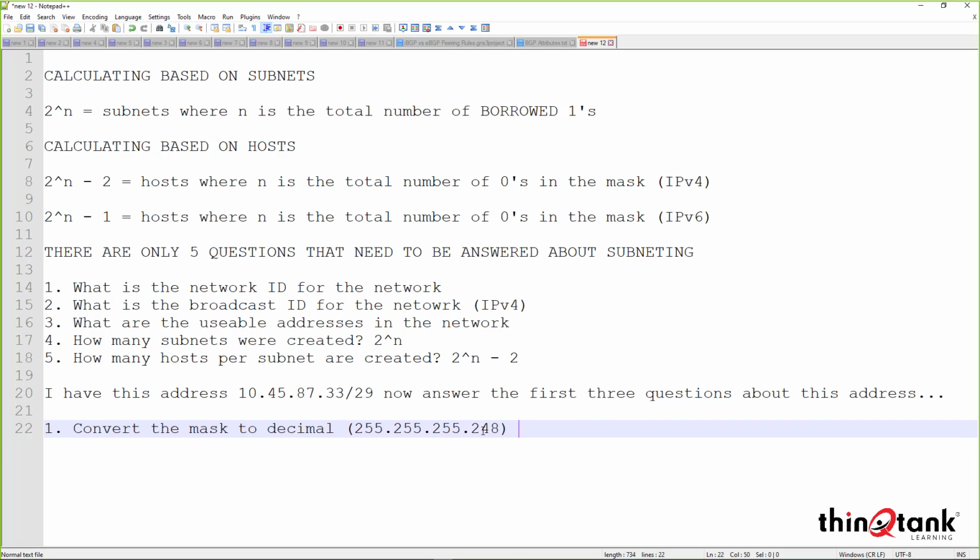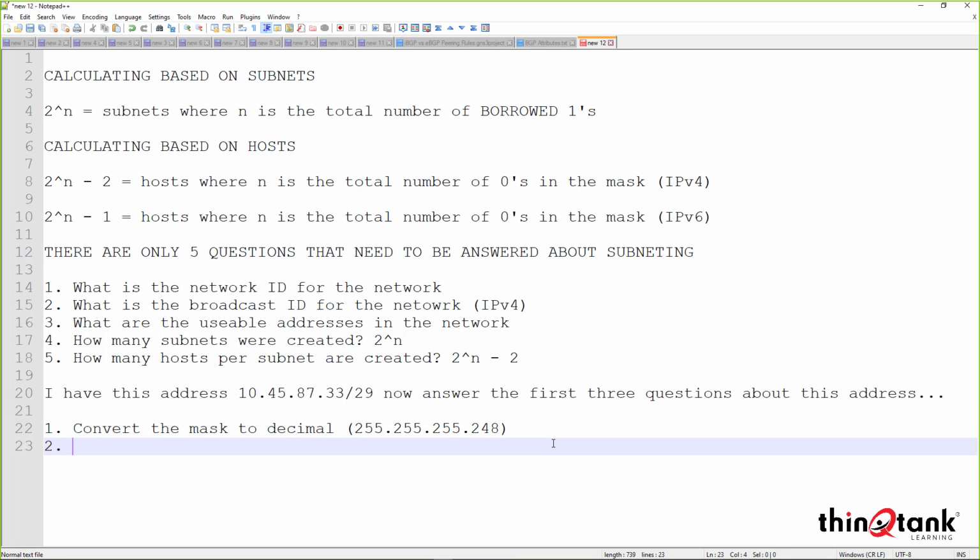All right, /29, that's just something you're just going to have to get used to. But it's 29 ones. The first 255, second 255, and the third 255 is 24 ones, plus 5 more is 248. Okay? Number 2, identify which octet you are subnetted in.